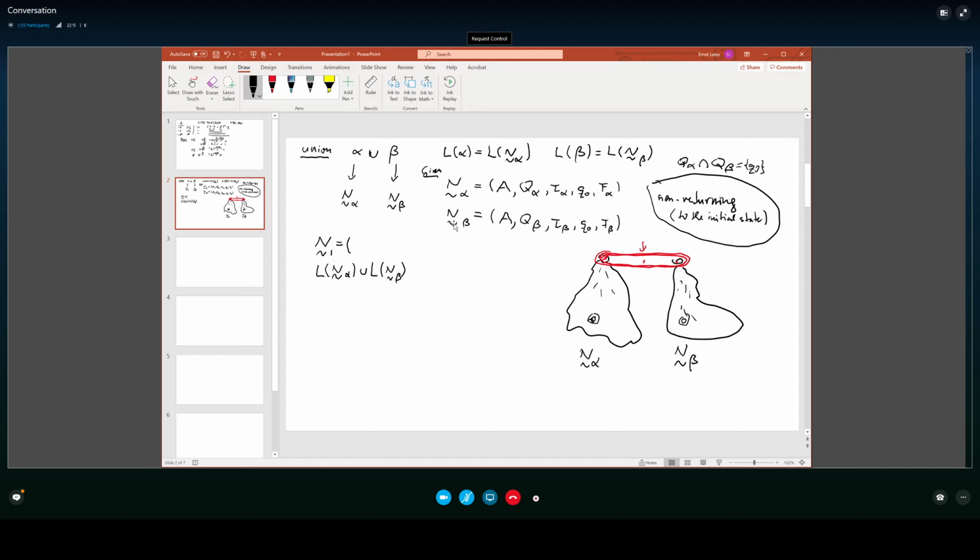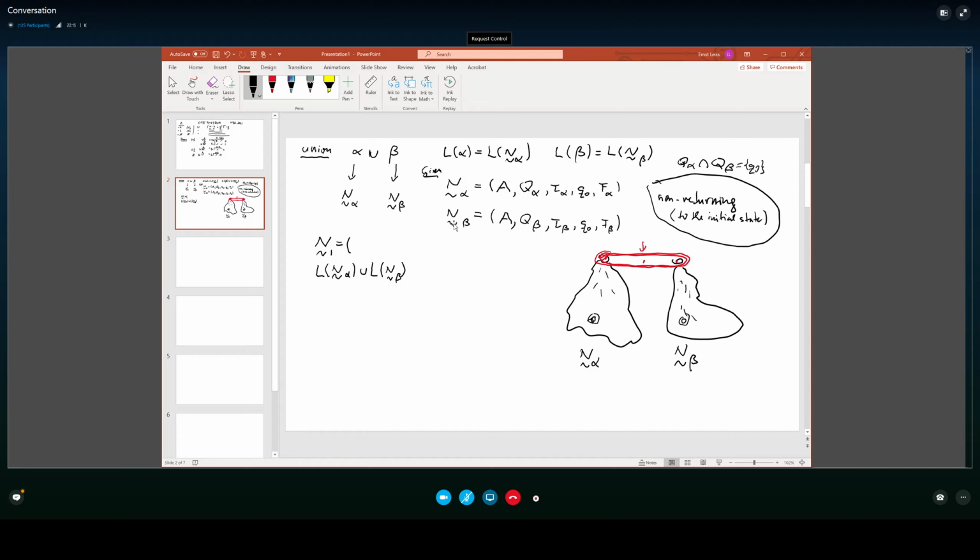All right, let's write that down, but let's think about that before we actually accept that. So Q alpha union Q beta. Now, looking at this drawing, obviously what we want is that every state that was in N sub alpha is in N1, and every state that was in N sub beta is in N1.